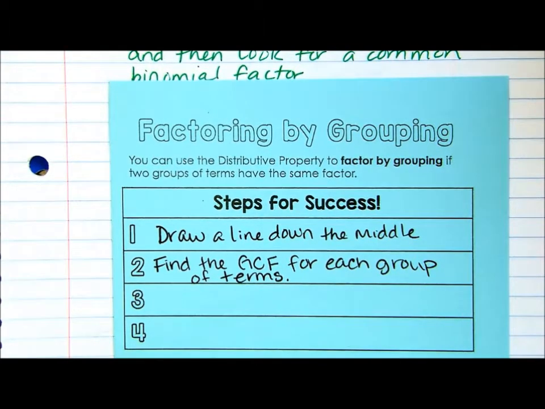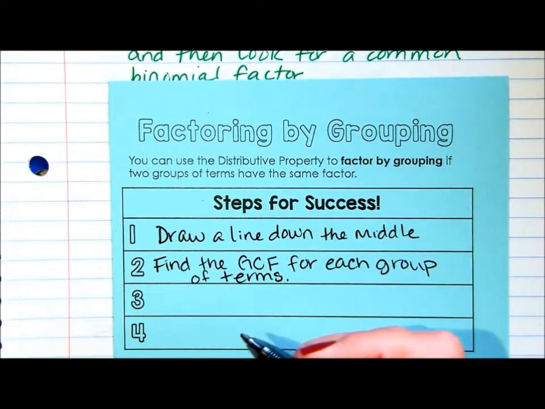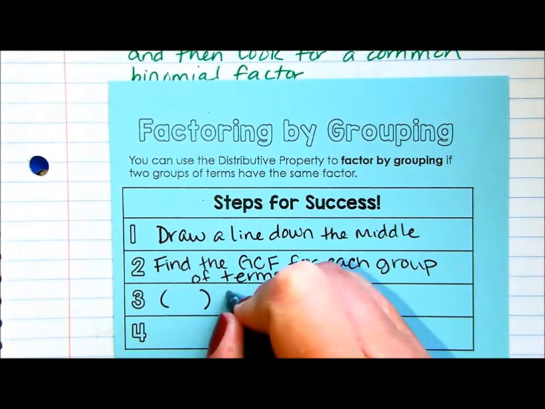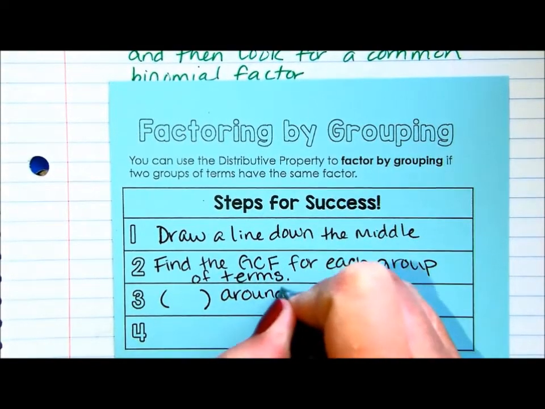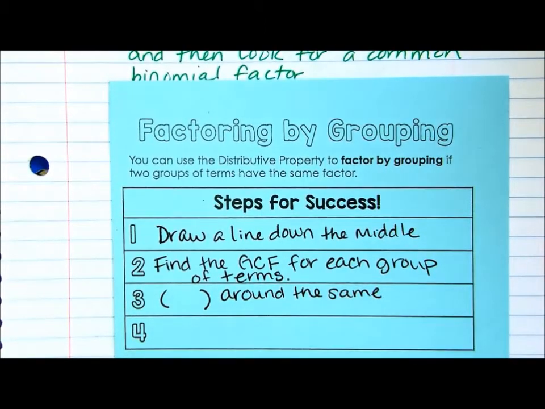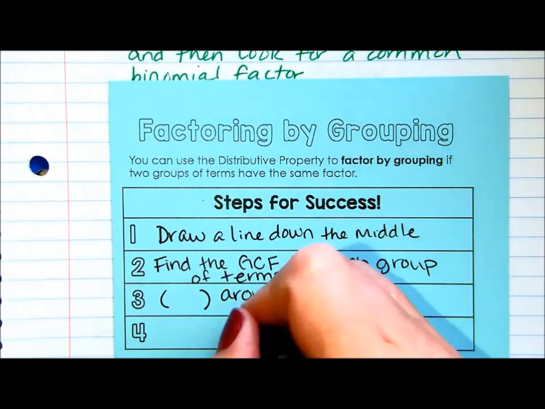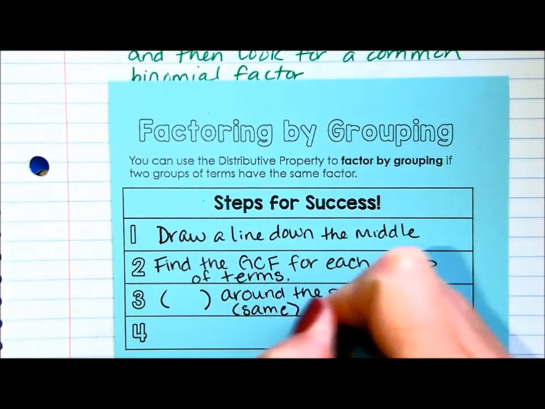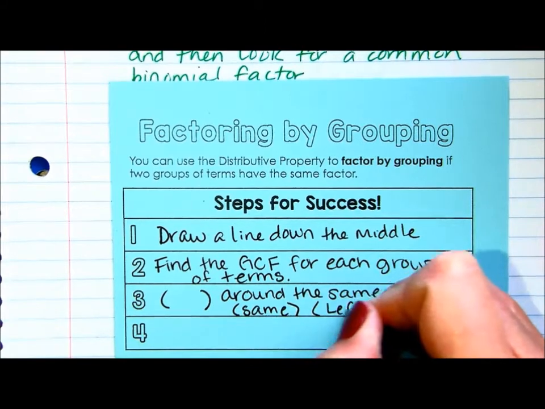Our third step is we are going to put a parentheses around the same. And ultimately, it's going to look like we have a parentheses around same, and we are going to have a parentheses around what's called the leftovers.